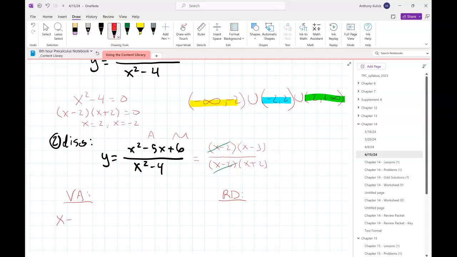So my vertical asymptote is going to be the reduced denominator set equal to 0. Everybody feel good there? How do I find the removable discontinuity?